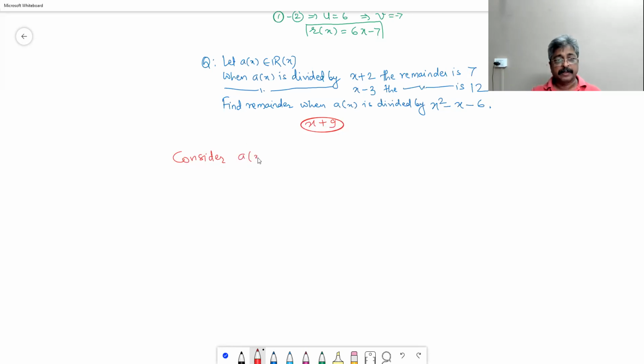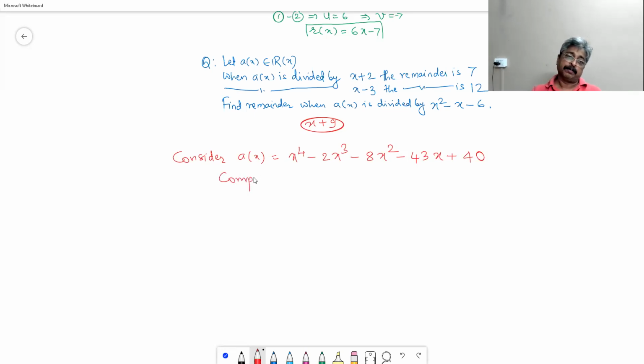Next, consider a of x is equal to x fourth minus 2x cube minus 8x square minus 43x plus 40.